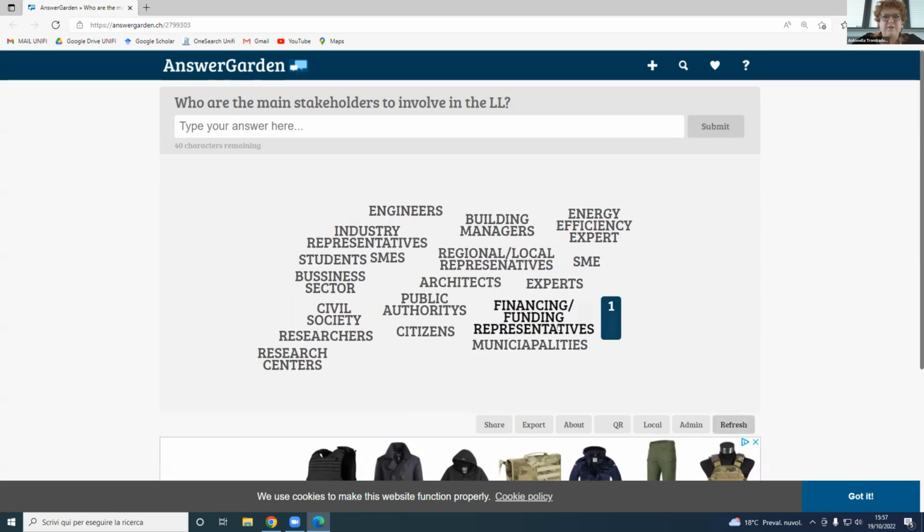Yes, I think other research centers are very strategical, especially with the network activity of the Living Lab. For this, we are stressing the creation, and from this MedEcoShow project, it is very active, the creation of a cross-border Living Lab.